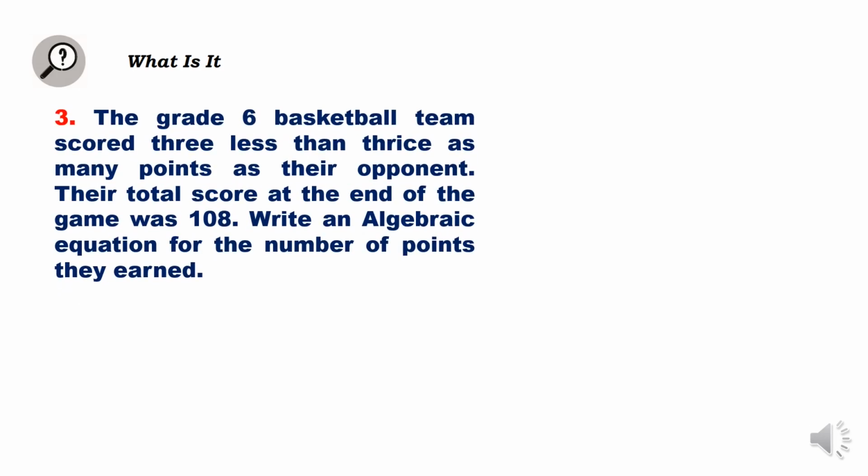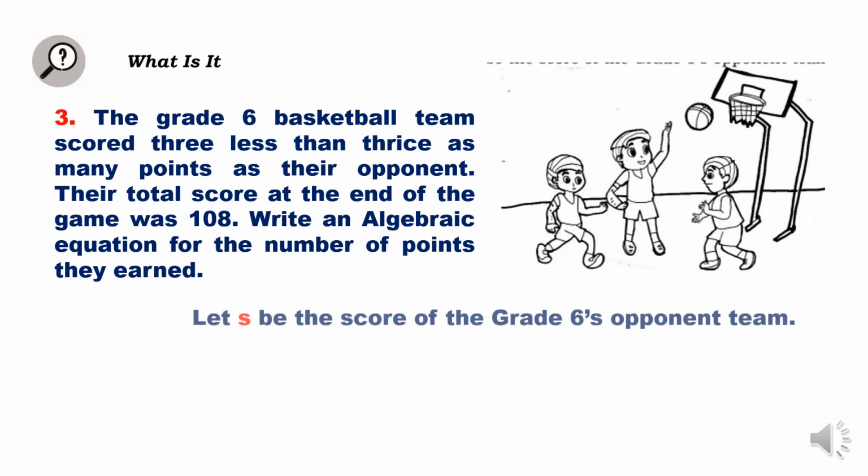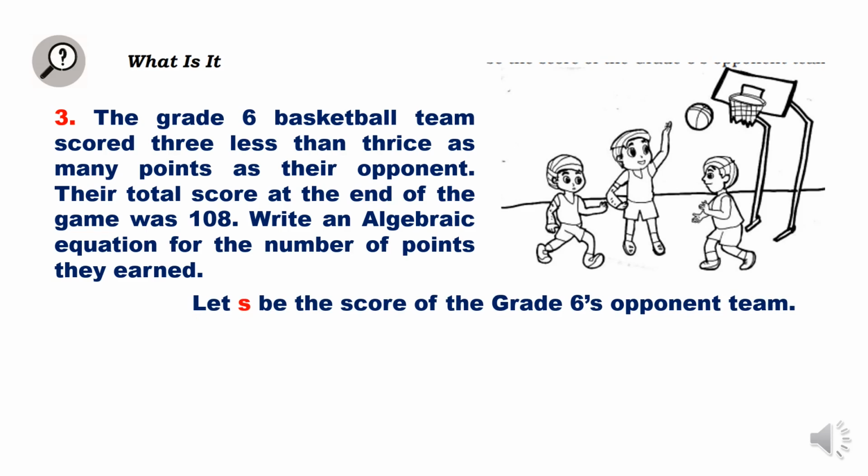Number 3. The grade 6 basketball team scored 3 less than thrice as many points as their opponent. Their total score at the end of the game was 108. Write an algebraic equation for the number of points they earned. Let S be the score of the opponent team.